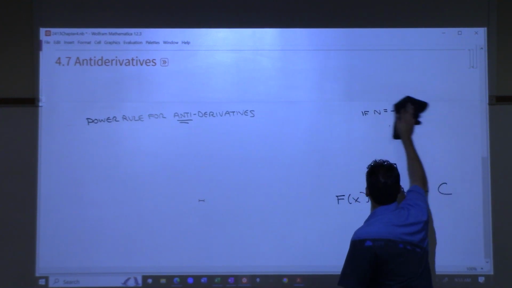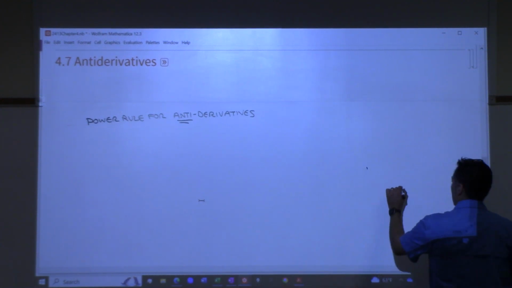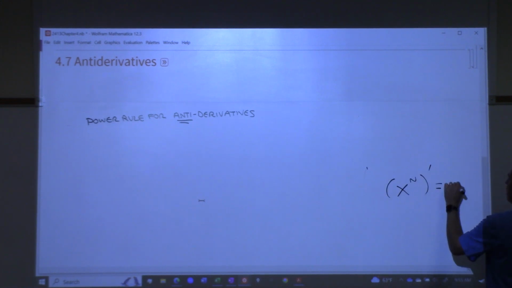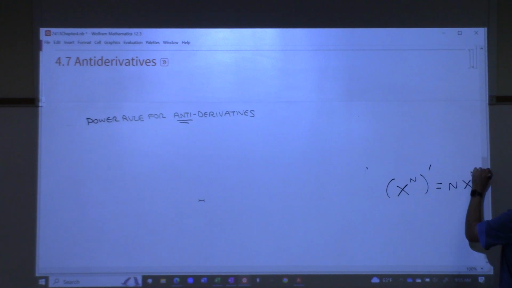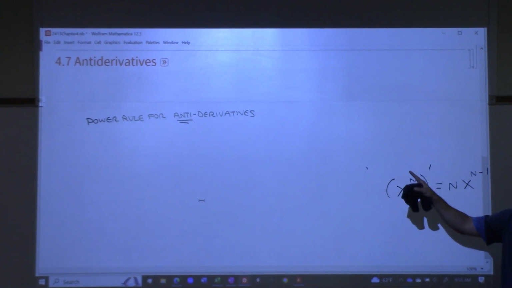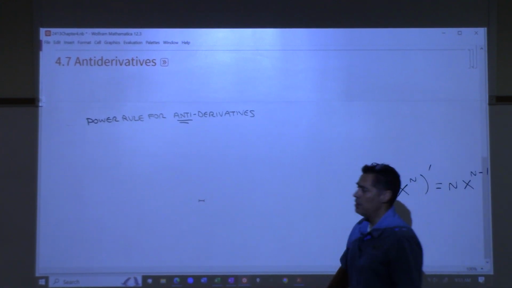I don't know if y'all remember how when I did that back earlier in this class, I showed you that the derivative of x to the n is n x to the n minus 1. When I presented that formula to you, I actually proved it using the limit, Pascal's triangle, and all this other stuff. So this is the power rule for derivatives. Now I'm talking about the power rule for antiderivatives.